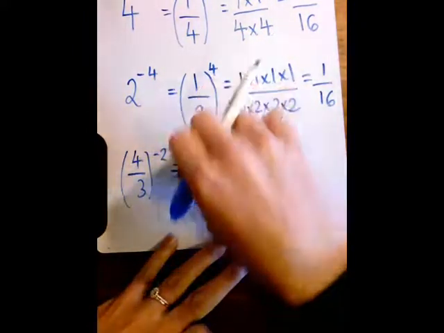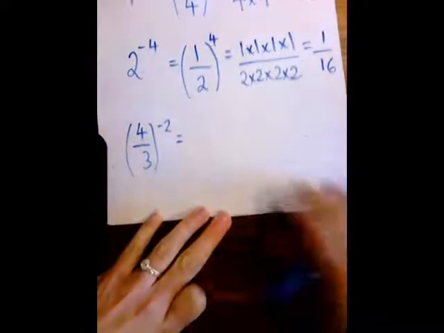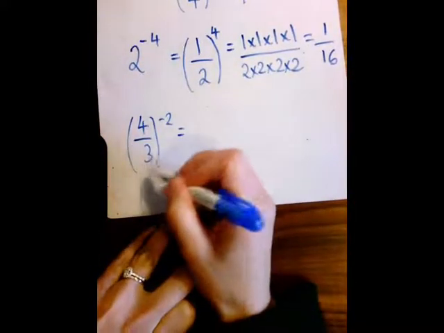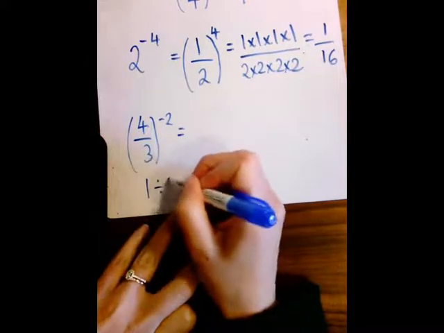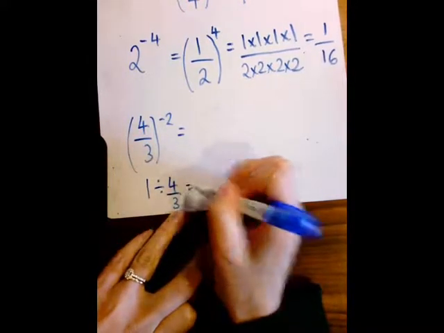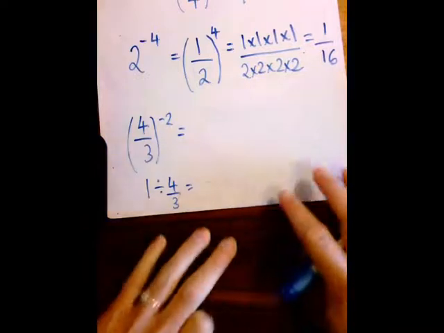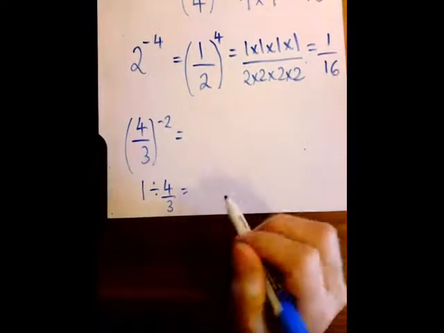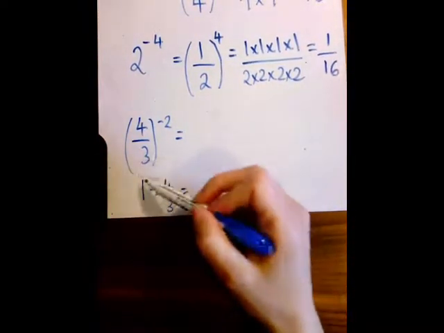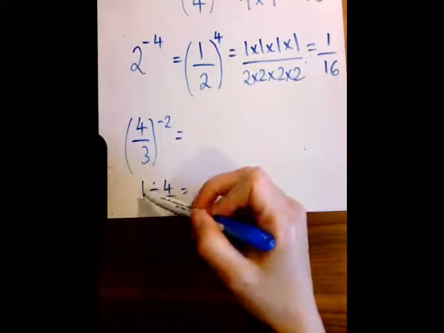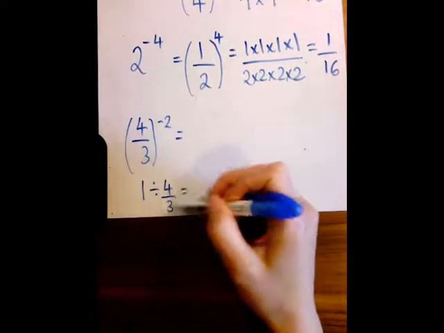So what you can think about, I'll just do a little bit of working down here. We're actually going to do 1 divided by 4/3. And when we divide by a fraction, we use the rule of keep, flip and times. So we keep the first value, so the 1, and then we flip the second fraction.